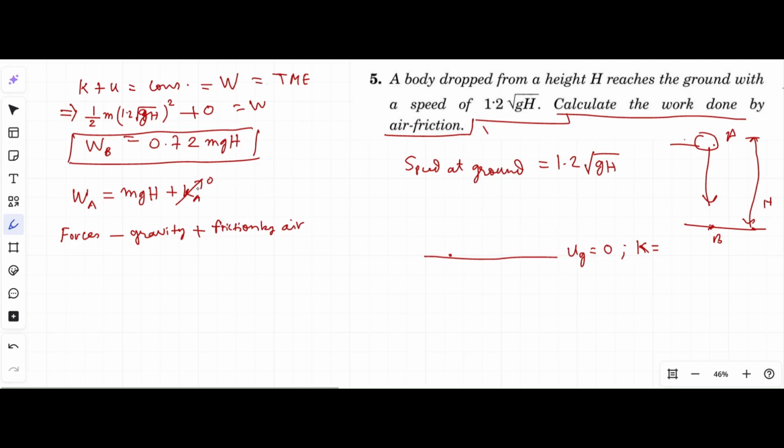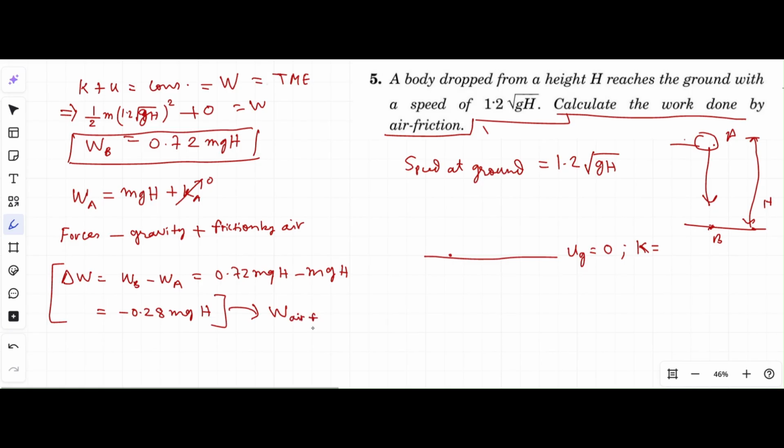So we can safely assume that the loss in this energy, or delta W, is equal to WB minus WA, which is 0.72 mgh minus mgh, which is equivalent to minus 0.28 mgh. We can safely assume that this change in energy is due to the work done by air friction.